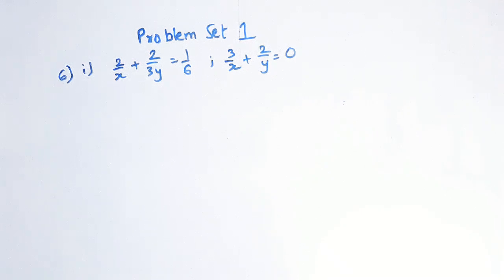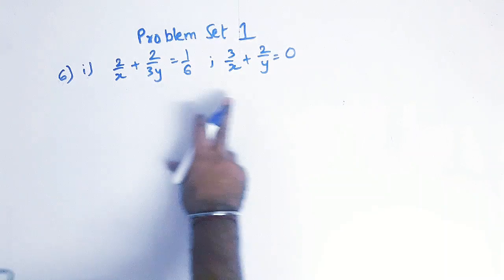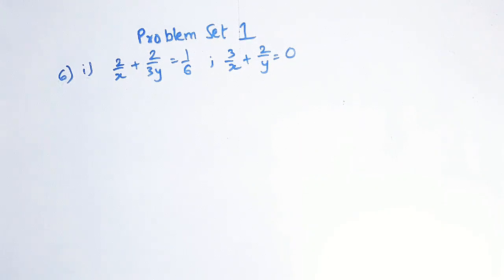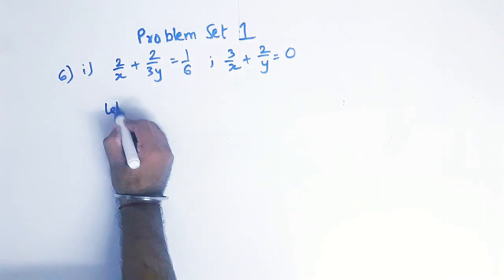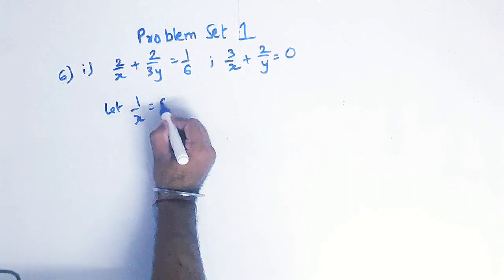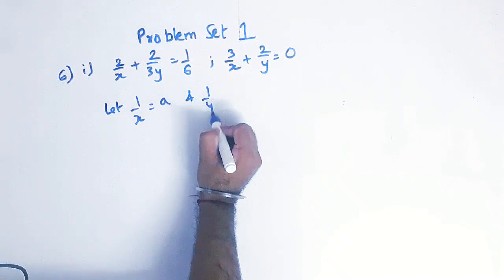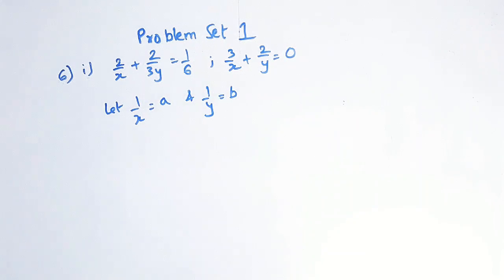So we are coming to sum number 6, question number 1 of question number 6. Here you can see x and y are in the denominator. We have done this type of sum before. So here I'll let 1 upon x equal to a and 1 upon y equal to b.